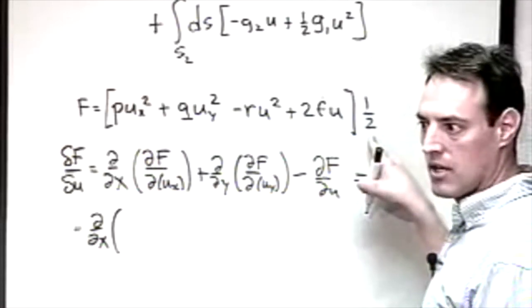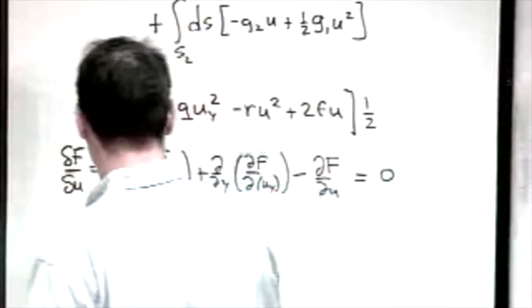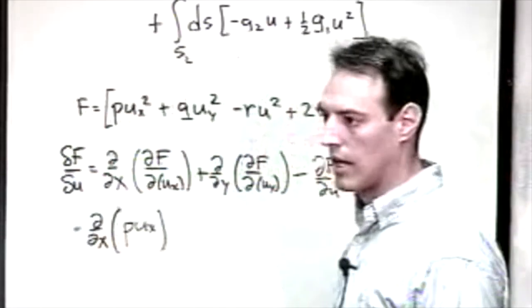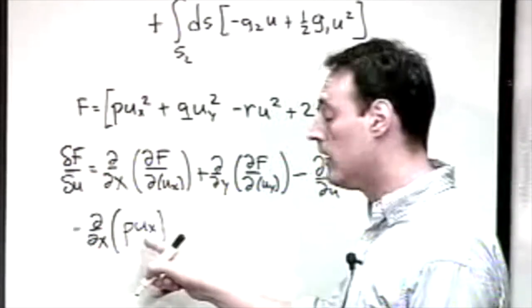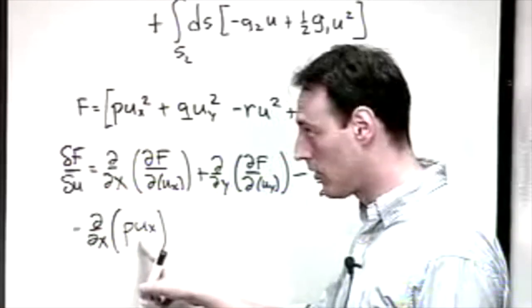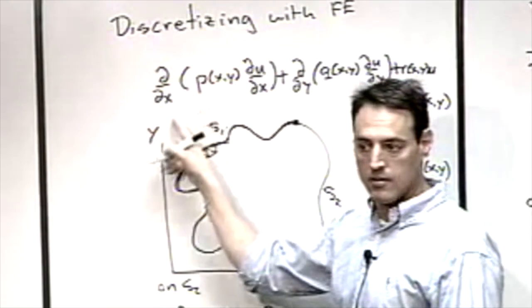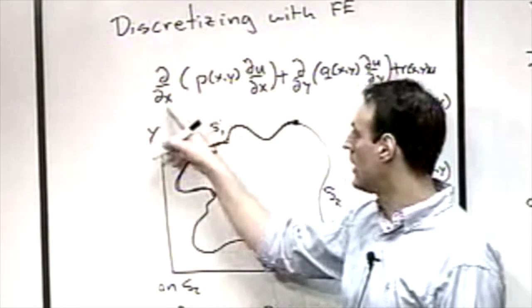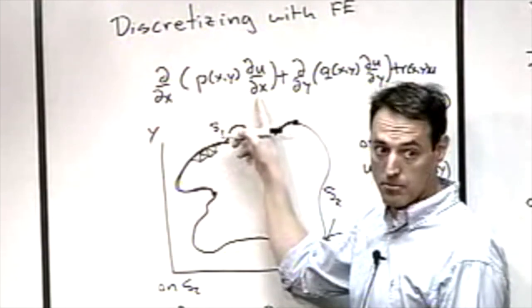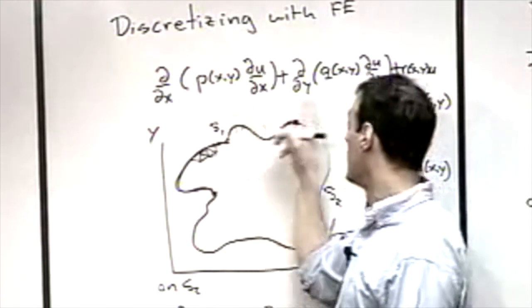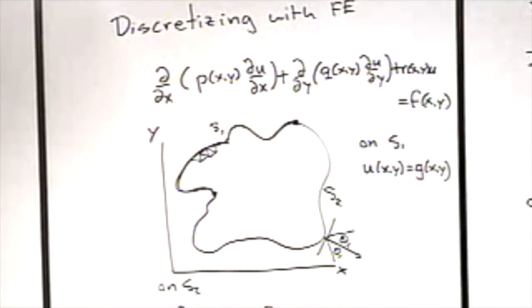So 2p ux times a half is just p ux. And then I have this d dx out front, so this is what I get. Hey, by the way, what does this look like? d dx p ux, isn't that the first term over here? So that's nice. d dx p ux. This pops one term out like that. Does the rest pop out? We have to see if it pops out the rest of the equation.